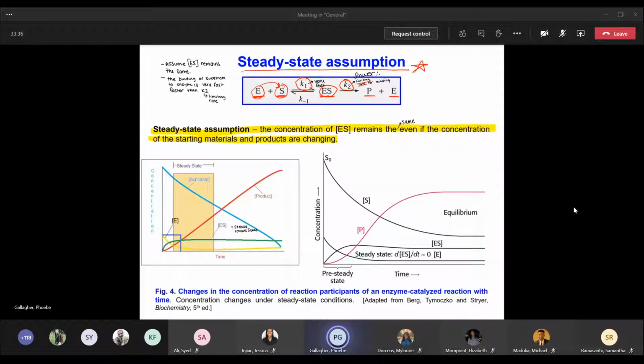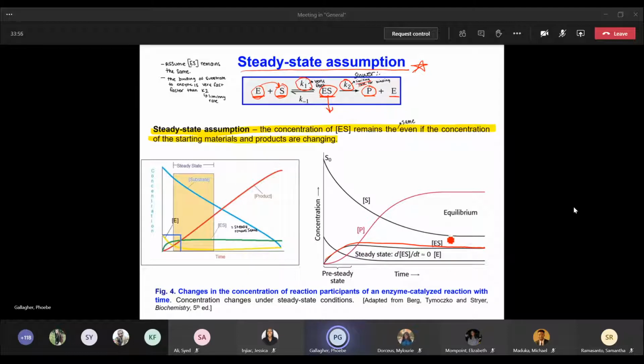But yeah, the steady state assumption is assuming that the rate of putting these two together is going to be equal to the rate of dishing out products. So you'll see that the amount of enzymes that are combined with substrate is going to be pretty steady as the reaction progresses.